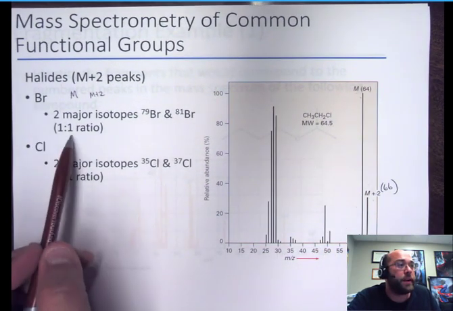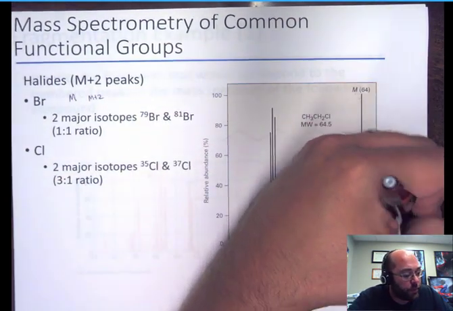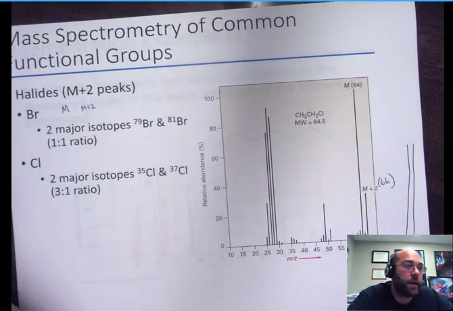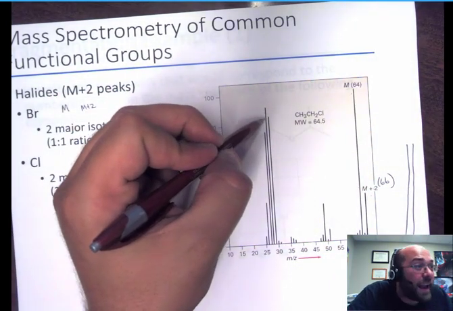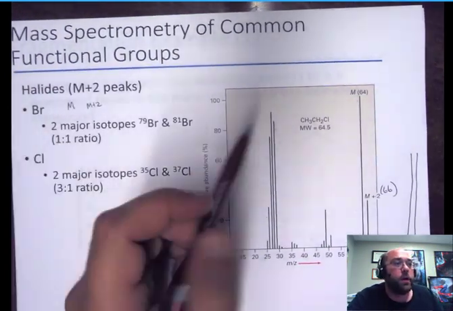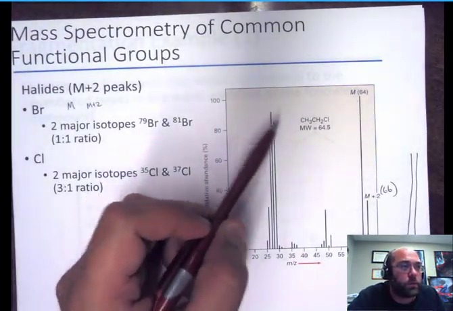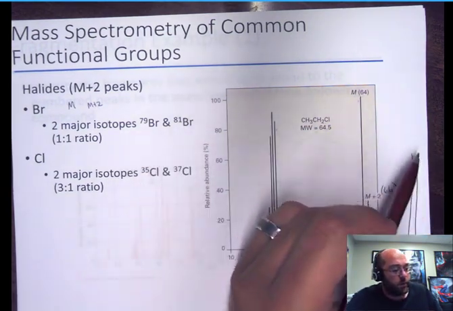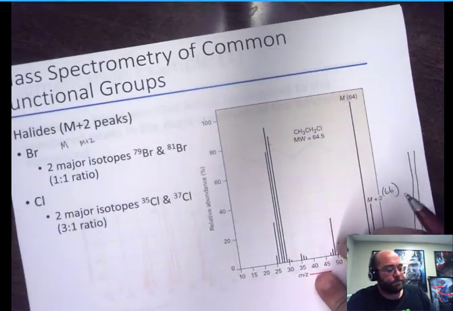If it's bromine, it's going to be more of a 1-to-1 ratio. They both would have been about the same height. They might not be exactly the same height, but they'll be really close. This isn't bromine, don't misunderstand what I'm trying to do here, but the bromine one would be about that height.